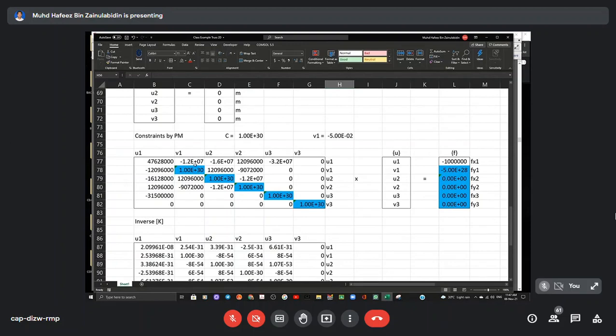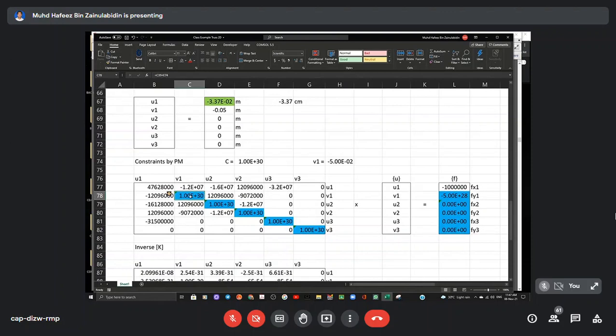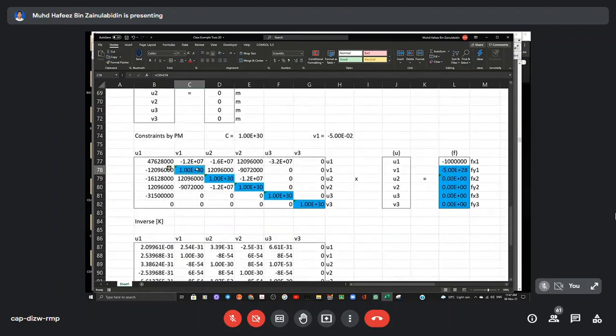But for the penalty method, whatever value is there, we need to plus C, which is a very big value. This part here, you need to plus with C, and then under the F vector, the load vector, whatever the value there, you need to plus C multiplied by the constraint.